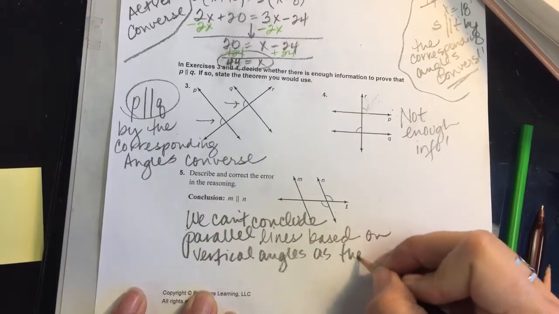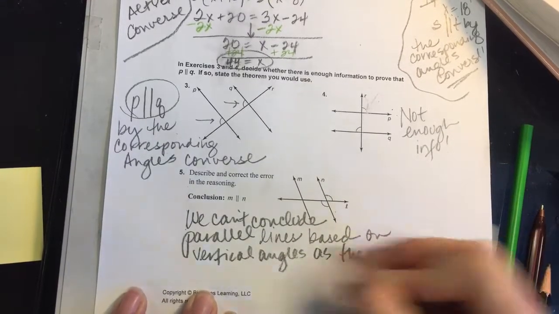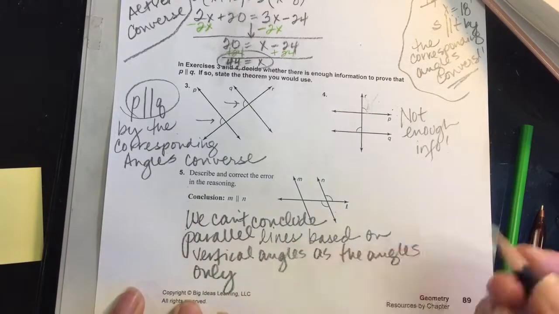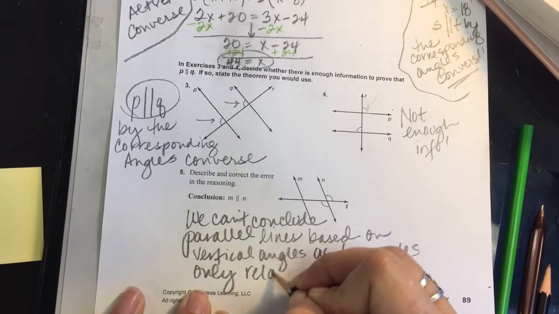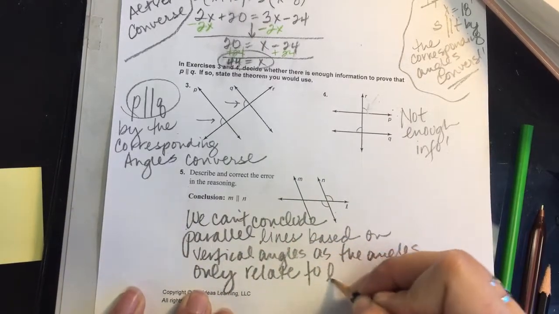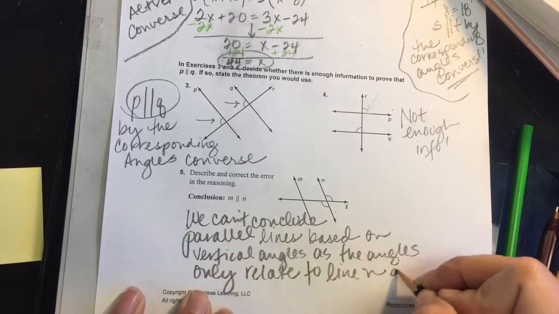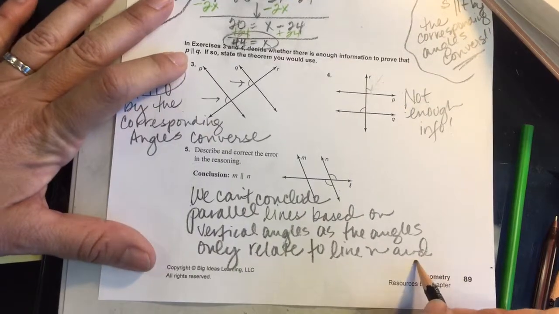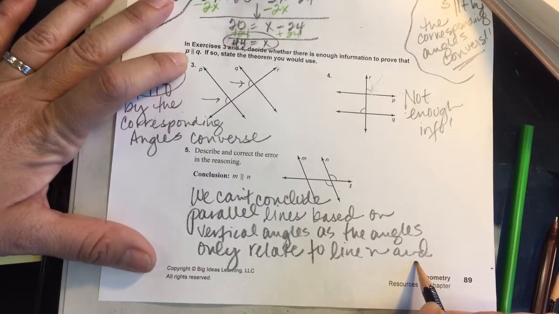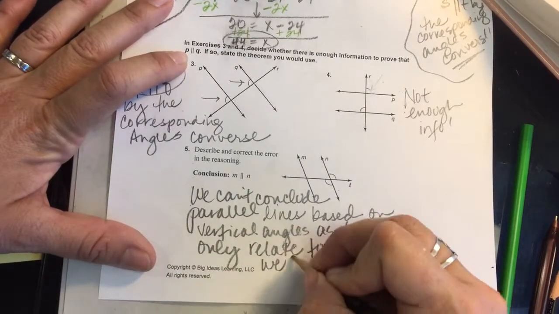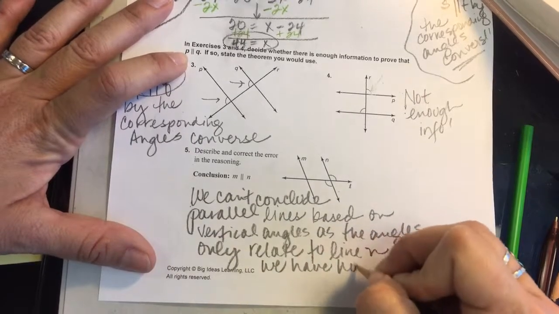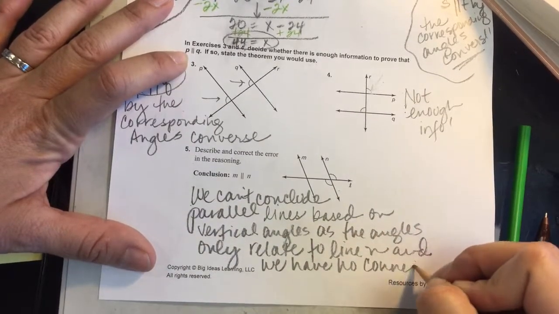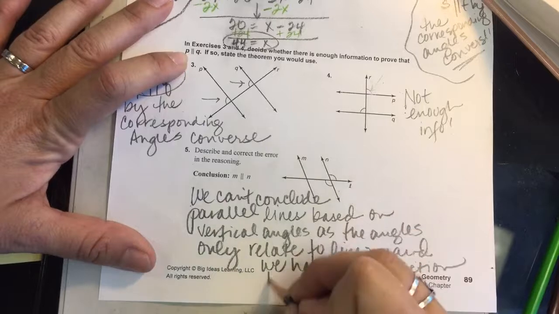As the angles only relate to line N in this case, and we have no connection to line M. So there's no way we can prove both of those are parallel. Make sure that your arguments are sound and complete.